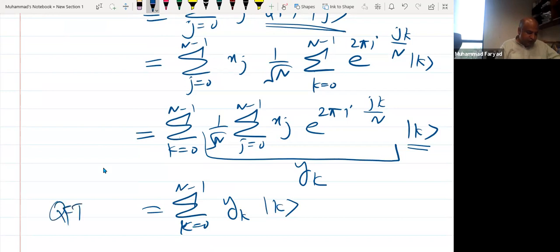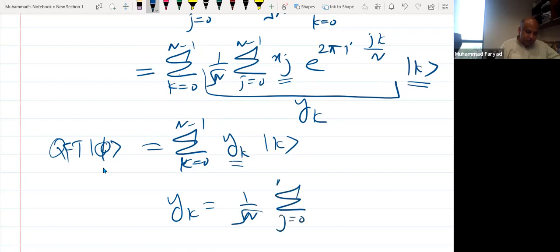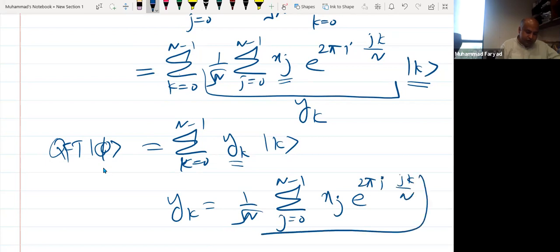So a QFT of state phi gives us another state whose coefficients yk are related to the coefficients xj of the older state phi through this relation. So yk is given by 1 over square root of n, sum over j from 0 to n minus 1, xj exponential 2 pi i jk over n.